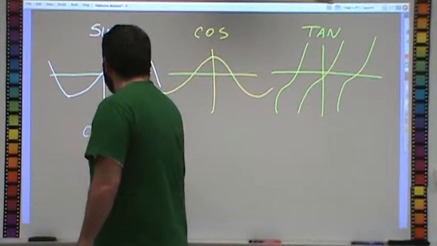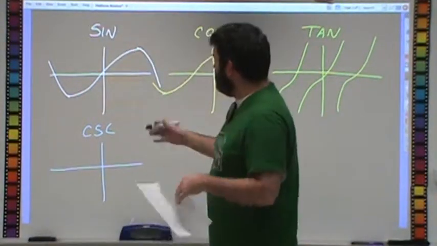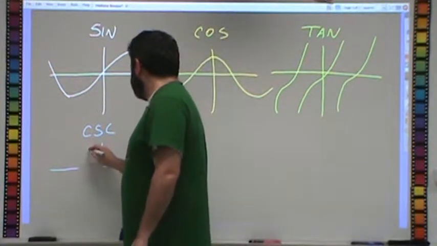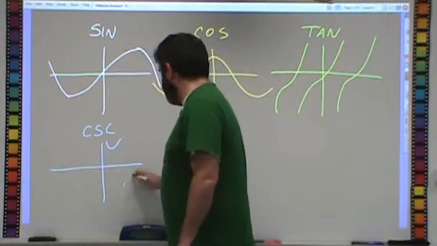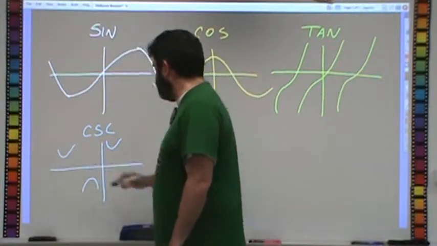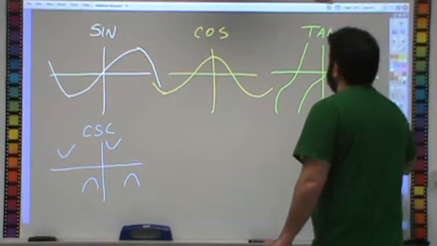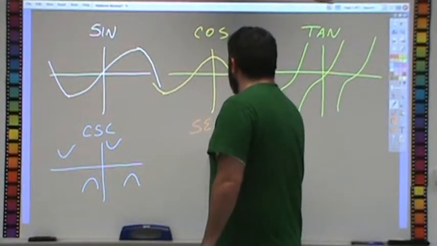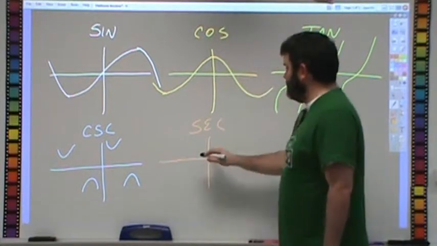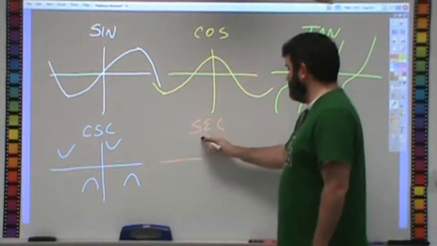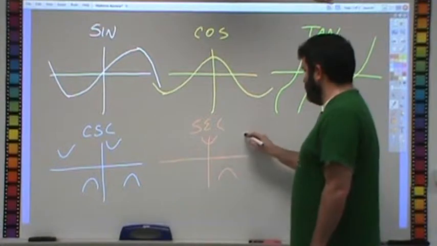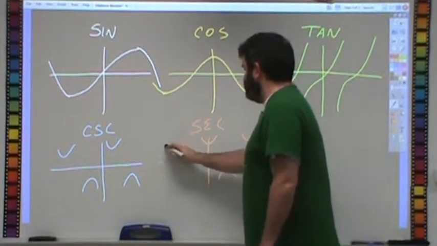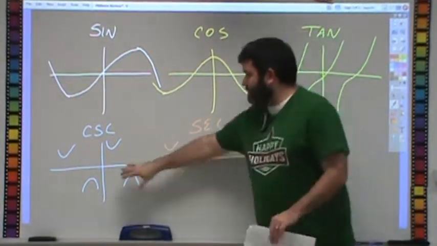Cosecant is going to be your smiley faces and frowny faces. All right, smiley face, frowny face, smiley face, frowny face. Secant is also going to be smiley faces and frowny faces, but the difference here is, remember, a smile exactly centered. There's going to be a smile there before it does the frowny faces and smiley faces. So keep these in mind.